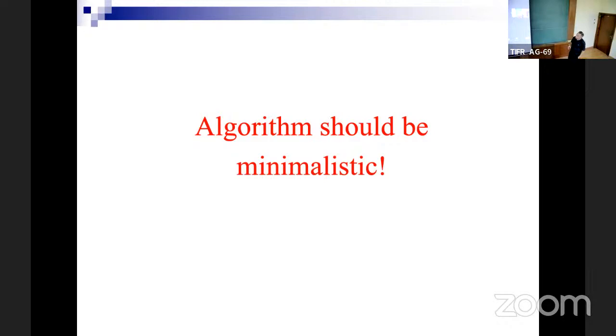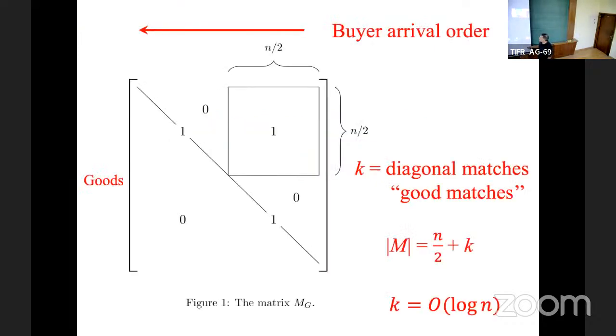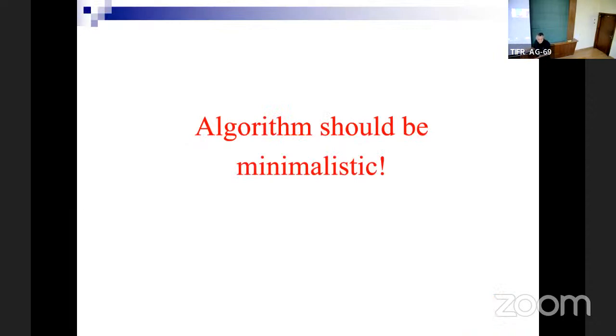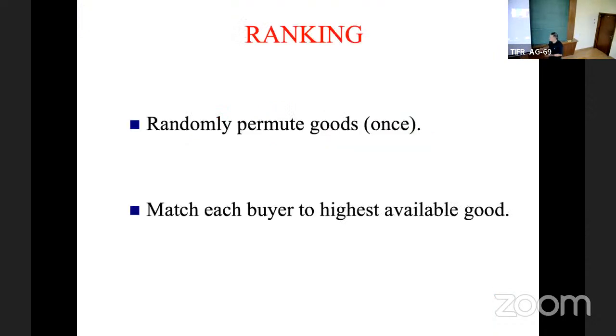So what we want is that the algorithm should be minimalistic. What do I mean by that? Very few lines, because if the algorithm is trying to deal with this example, that's not a good algorithm. Then there'll be some other example where it will fail, and it will be a big algorithm. But if you have a small algorithm, it's really dealing with everything. The best algorithms are really minimalistic, normally 3 or 4 lines, but this is only 2 lines.